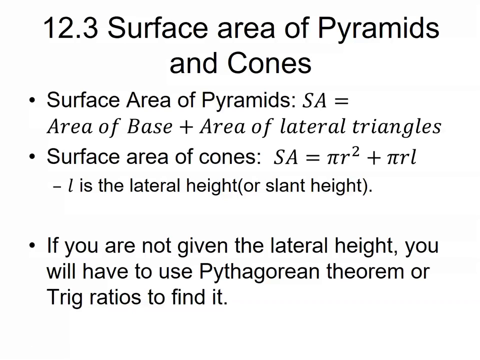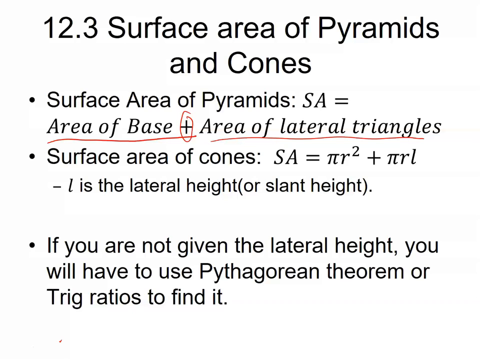So when we're looking for the surface area of this, all we have to do is find the area of the base, and then we need to add to that the area of the lateral triangles. Those are the triangles on the side. There might be 3 triangles if the base is a triangle. There'll be 4 triangles if the base is a square.